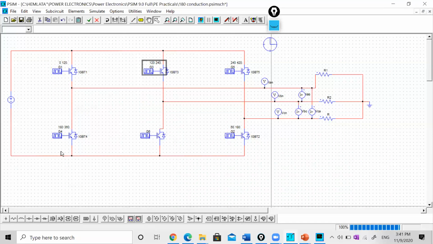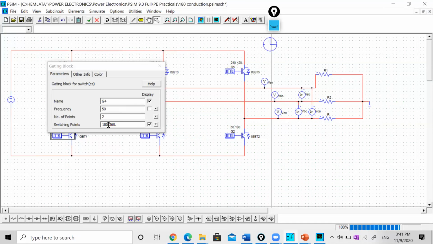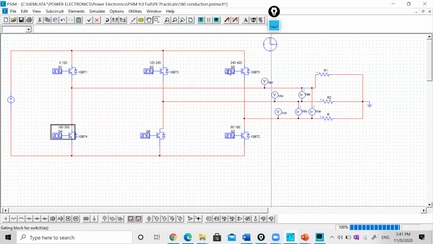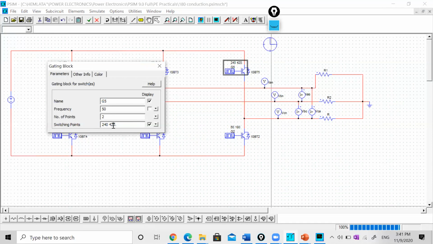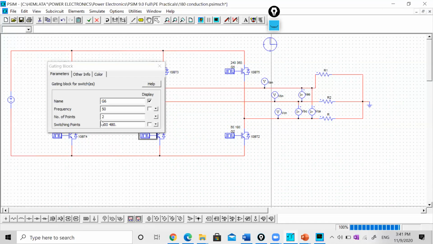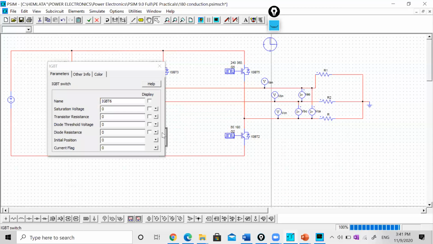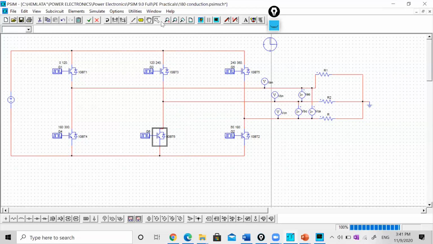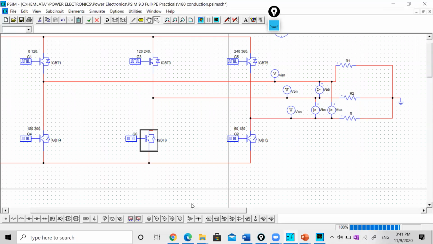It is very simple to understand, and very important from your exam point of view, this particular circuit. So this is 360, then 300, 420. This is IGBT 6.